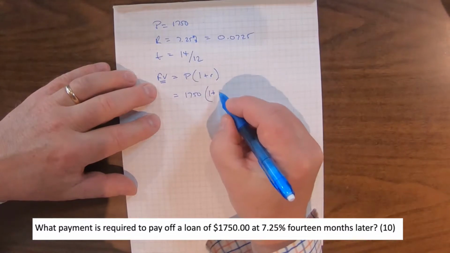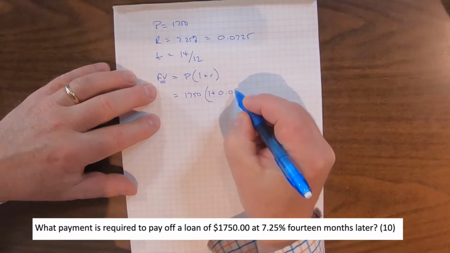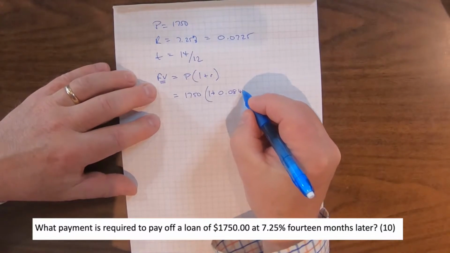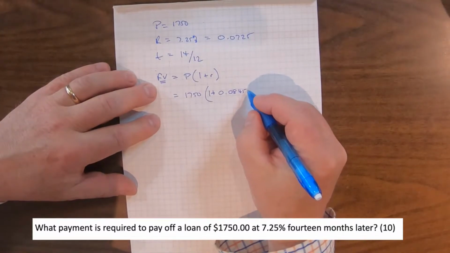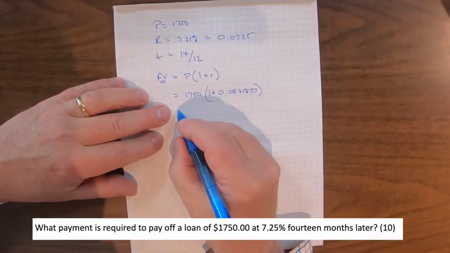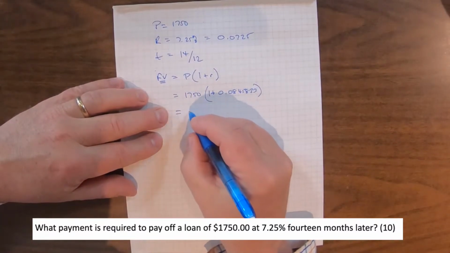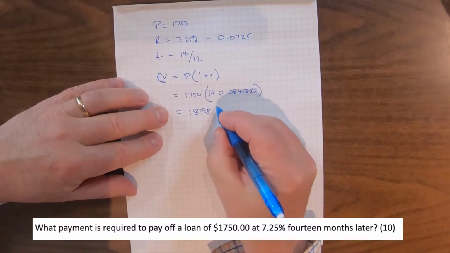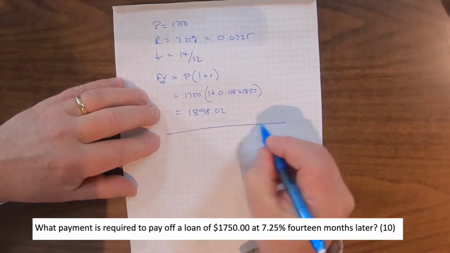That converts to a decimal 0.0845833. You want to get as many significant digits on that as possible. So if we do the crunching on that, that's $1,898.02.